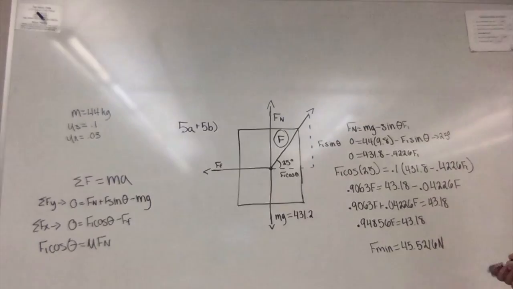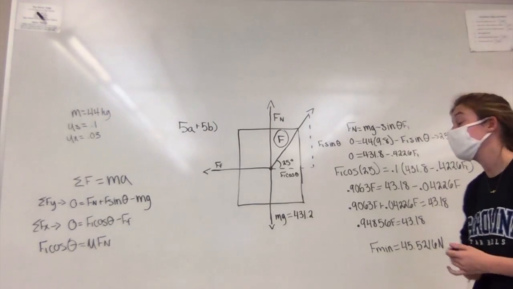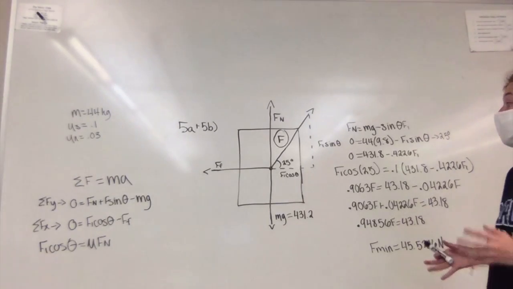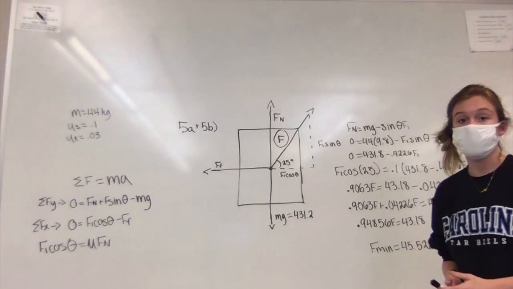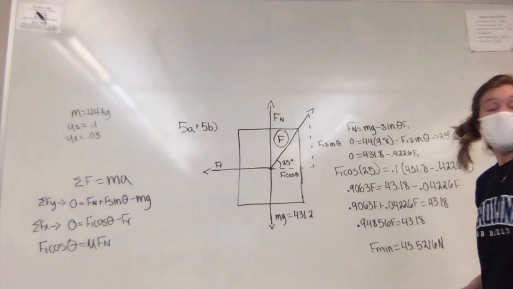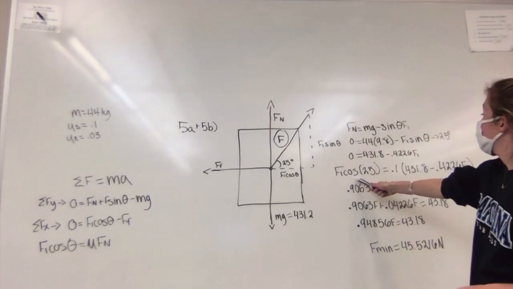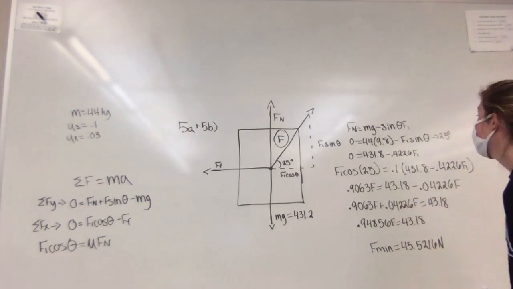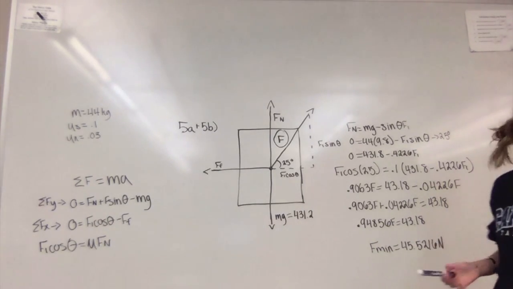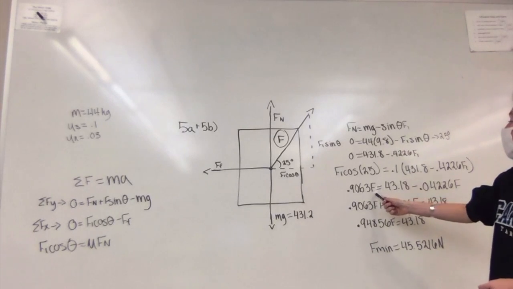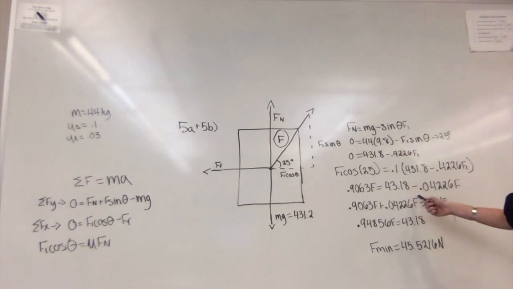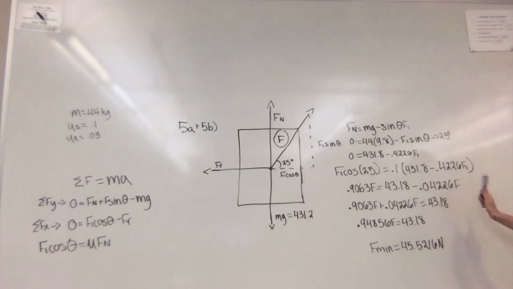I set up this equation because it's asking for the minimum force needed to move the object, which means including both the vertical and horizontal components. That's why I set my equation up to include both the cosine and the sine, since I already found the force normal. And then I get 0.9063 F equals 43.18 minus 0.04226 F, which is just by algebra.